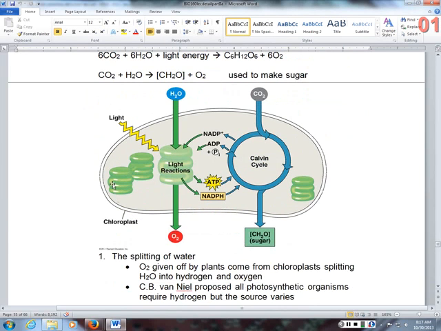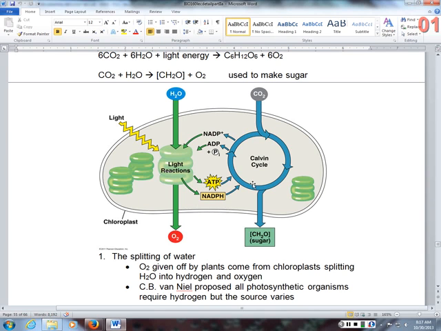So this picture is a nice one for having your overall big picture of what goes on with photosynthesis. You've got the chloroplast. Your light energy comes in, and you have these light reactions that generate your ATP and your NADPH.